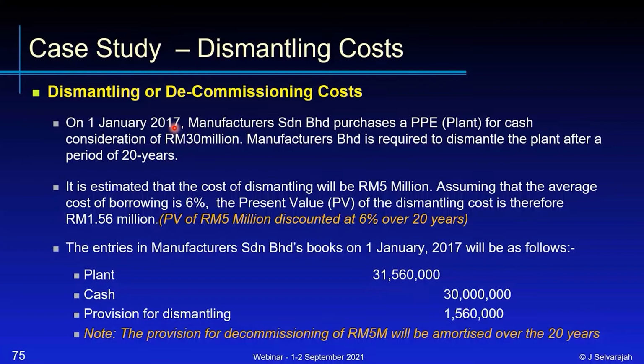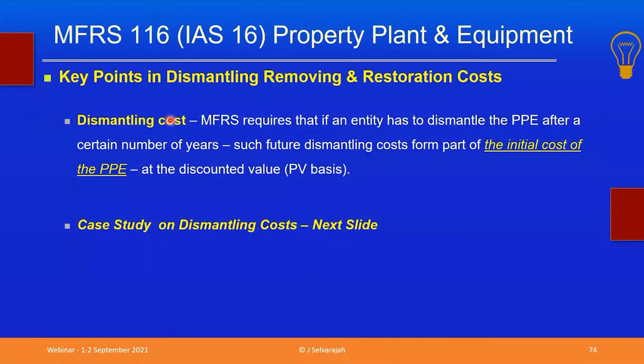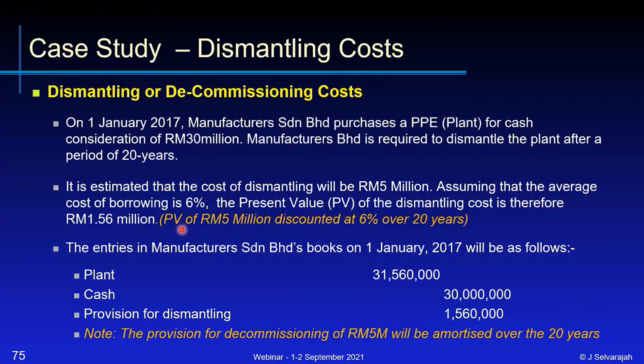You would expect to see 30 million only in your PPE. But because the standard clearly says that the initial cost of the PPE must have the discounted value, all right? When you say initial cost is the discounted value, then the discounted value is 1.56 million. Add this to the initial cost of 30 million. So if you look at this, you paid cash of 30 million, or it's payables, whatever you want to call it, and the plant will be 30 million.